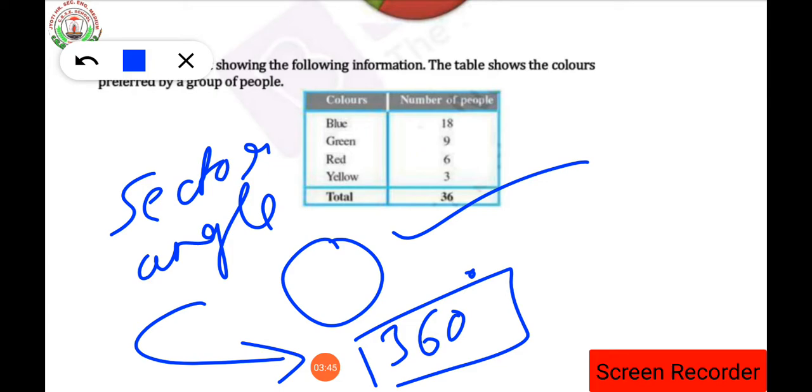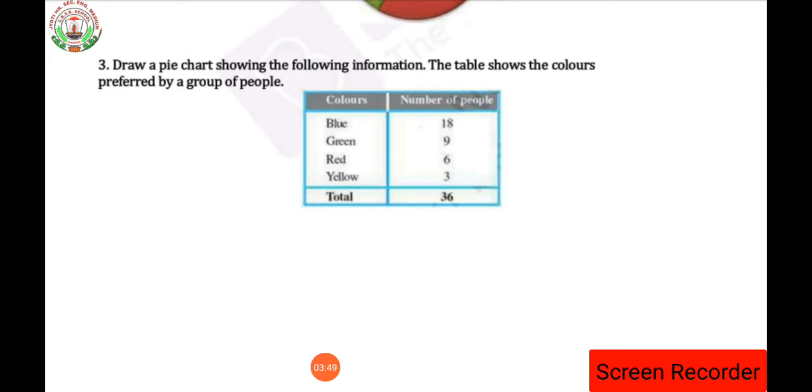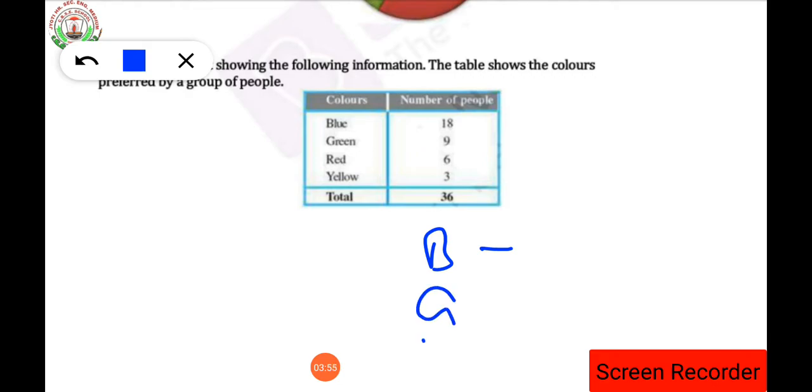So dear student, what are the colors we have? Blue color, green color, red and yellow. These are the colors we have. Clear? Now we can see which color the number of people preferred. Most of the people preferred, that means they like, the blue color most.